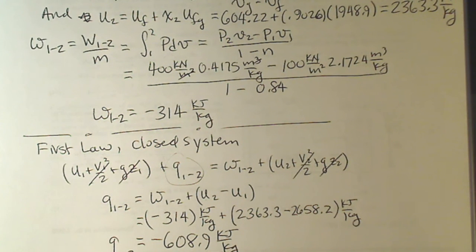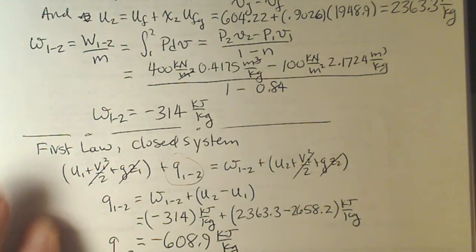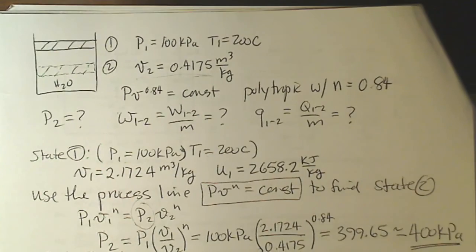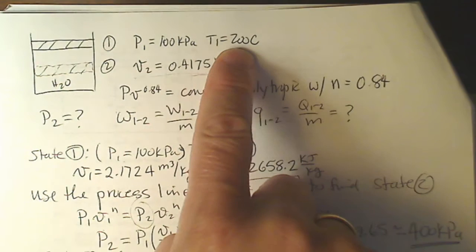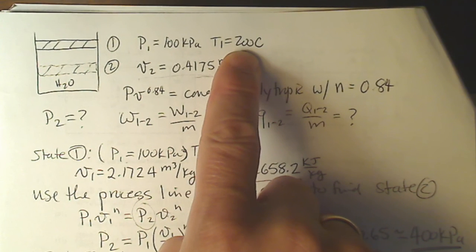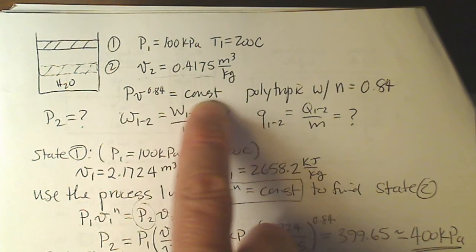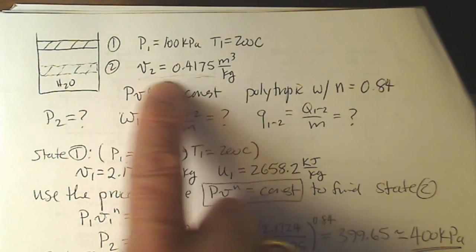Okay, so to summarize, in this problem, we used some information about the initial state, those property coordinates, fixed that state, and we knew something about the path going from state 1 to state 2. And we know one thing about the second state.